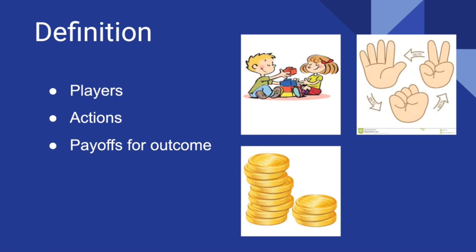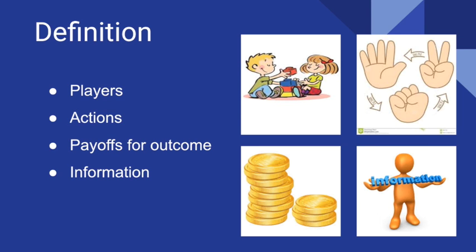The third is the payoffs for the outcome. In the auction, we can bid higher and get the item at last, or maybe we can bid lower, and if we don't get it, we have no loss, we have no win. And the fourth is the information. In the auction, we don't have any information about other people's value of the same item.